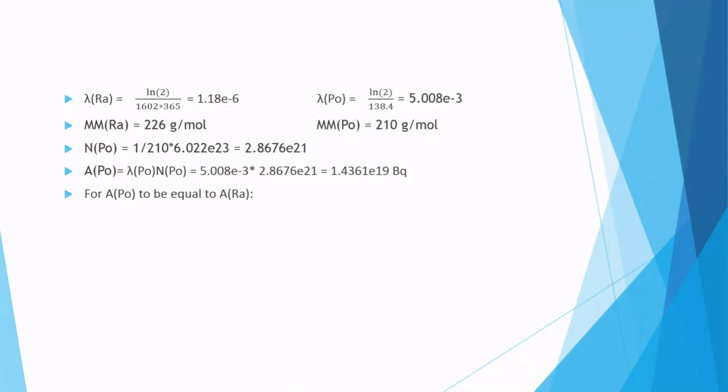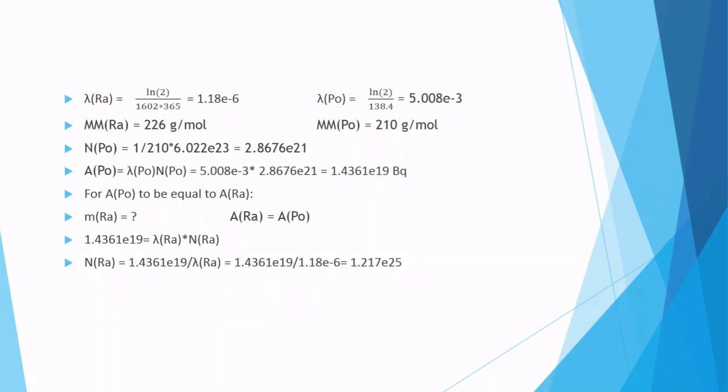Now we want to find a mass of radium, which will give equal activity to 1 gram of polonium. To find the mass of radium, we are going to set the activity of the polonium equal to the activity of the radium. By rearranging and solving for the number of nuclei present, we see that 1.217 times 10 to the 25 nuclei of radium are present in a sample that gives equal activity to 1 gram of polonium.